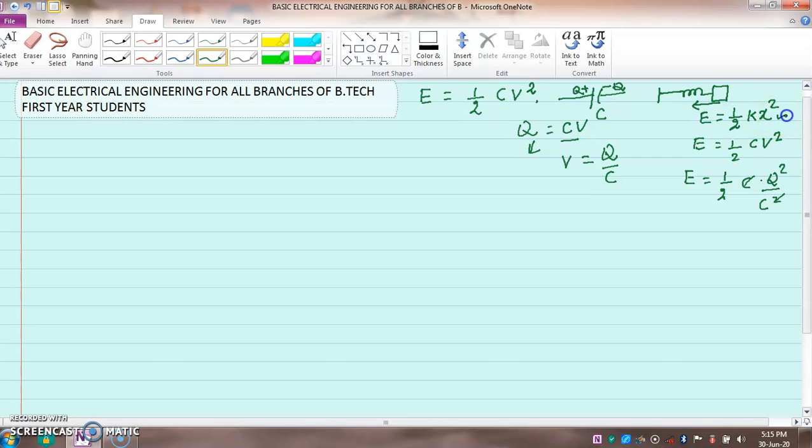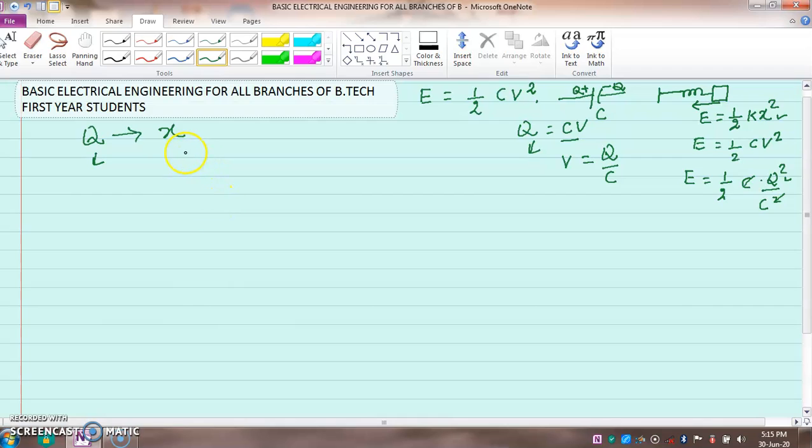Here x is position and Q is charge. So this is electrical and this is mechanical. In the electrical system, charge is analogous to mechanical position.